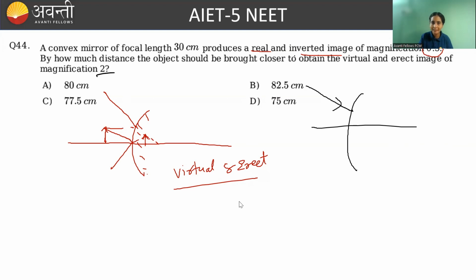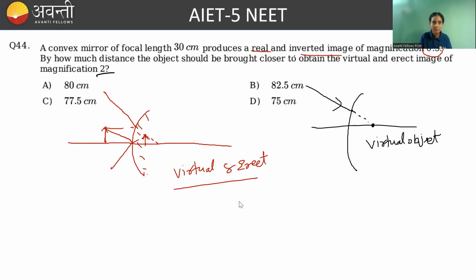But if we extend the incident light, it will meet the principal axis at a certain point. And this point we will call a virtual object. So this is your word, virtual object. And if this is the case, then the image getting formed by the convex mirror will be a real image.